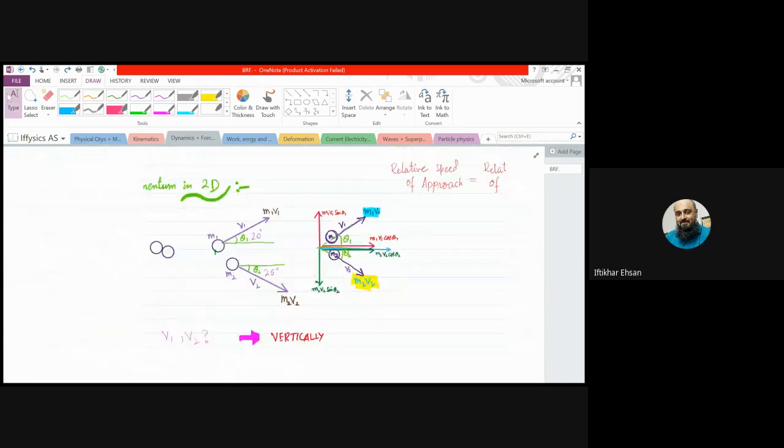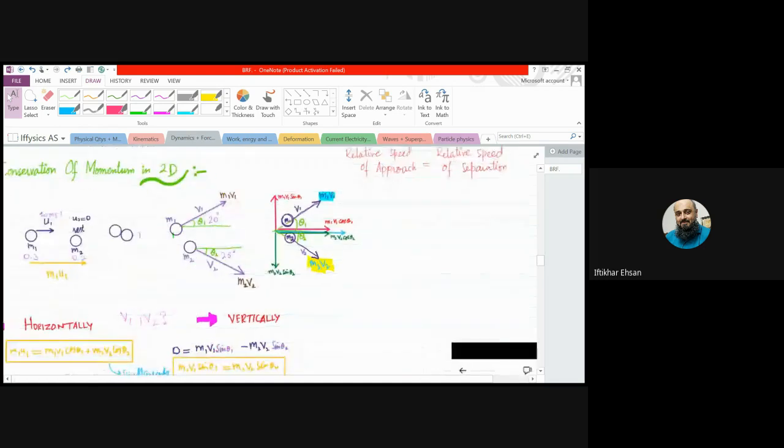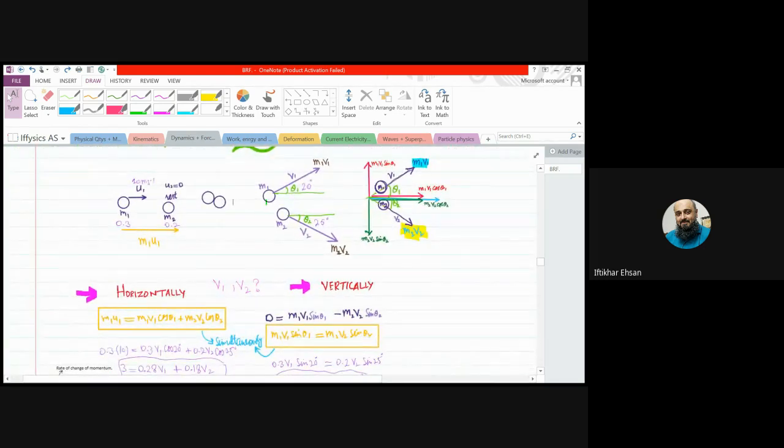So beta, now we have divided the momentum of each into horizontal and vertical components. Now we are going to focus on conservation of momentum in two dimensions. So what are the two dimensions?